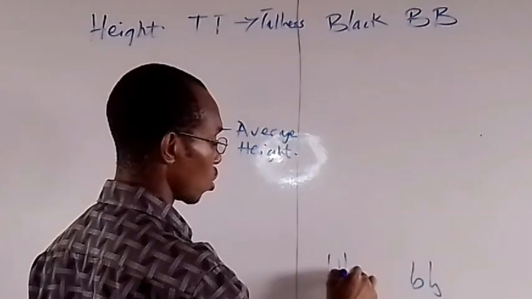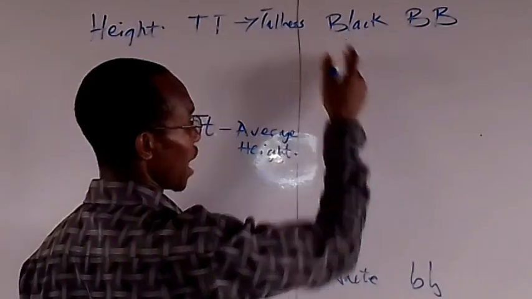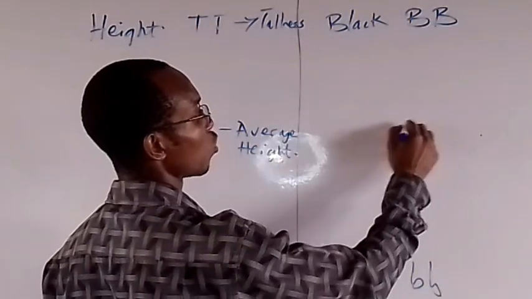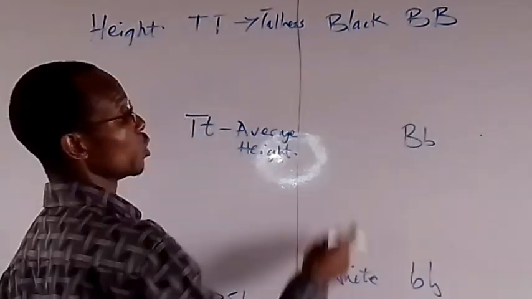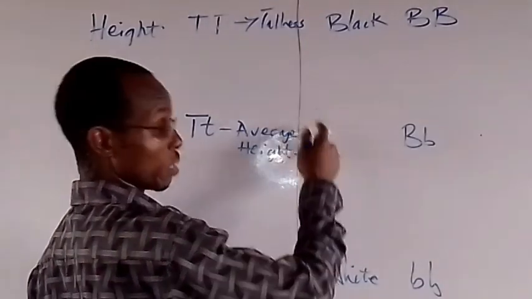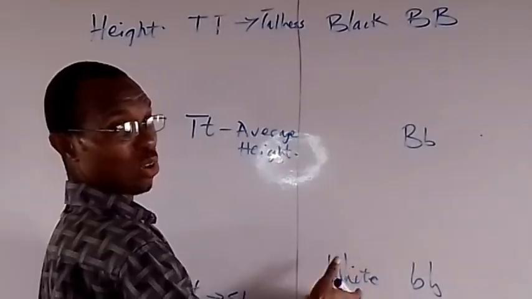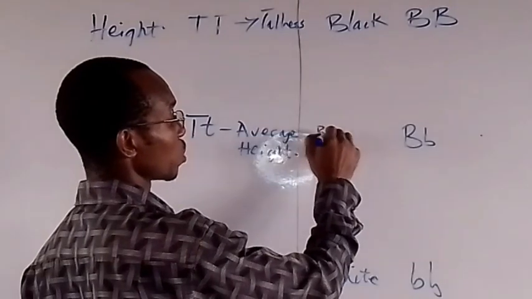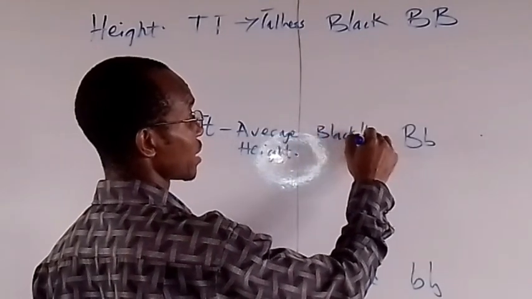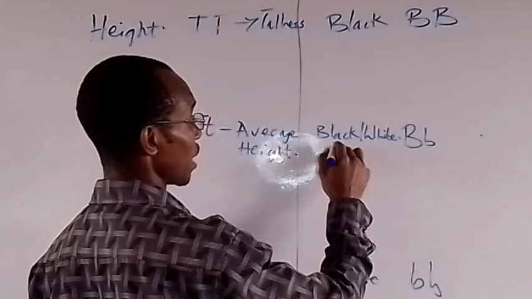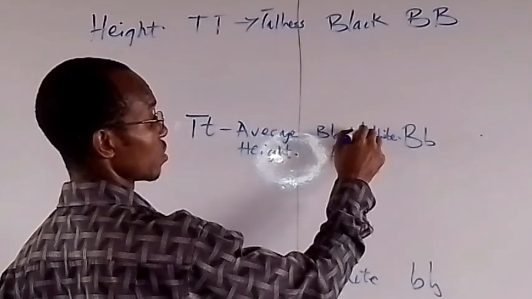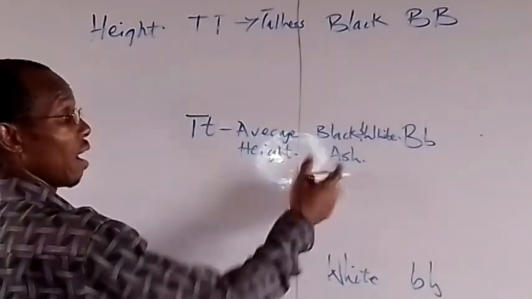Since I'm talking about color, this is black, this is white. So in the middle, I could be having something that looks like this, which is not black, but it has a trait of white in it. So for now let's call it white and black, or we can also call it hash.